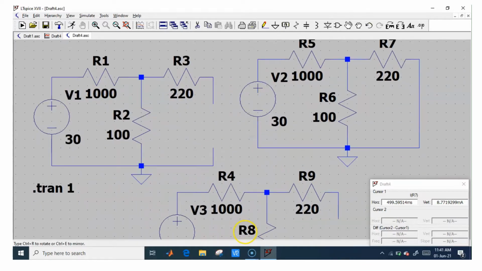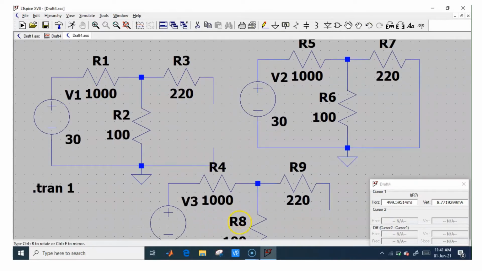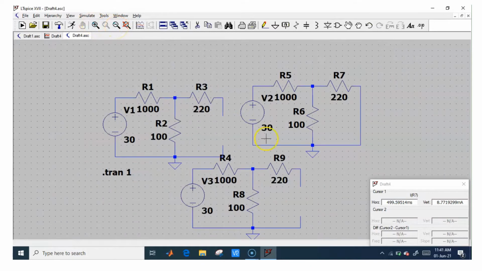In order to find the equivalent resistance, we also need to short the voltage source. So we are going to remove this voltage source now, and let me short this. So this is the circuit in order to find the equivalent resistance, that is R Thevenin.